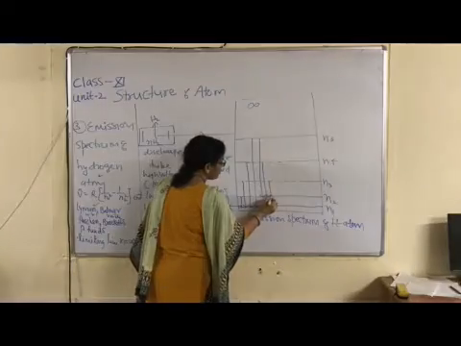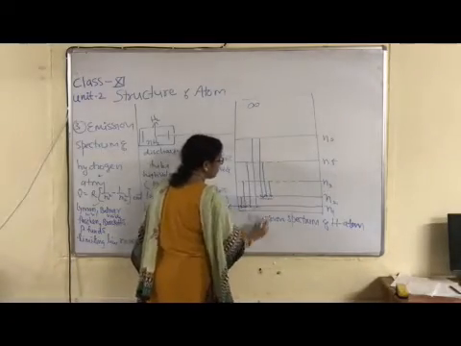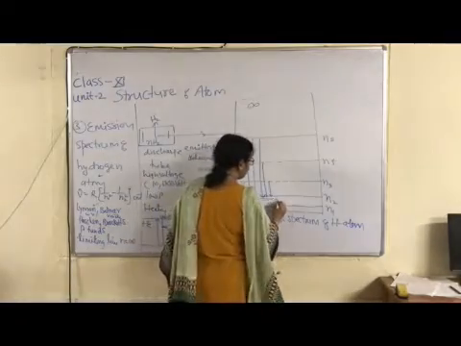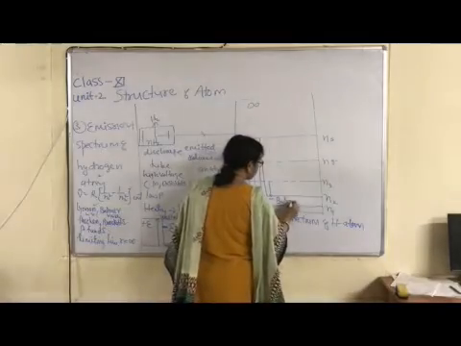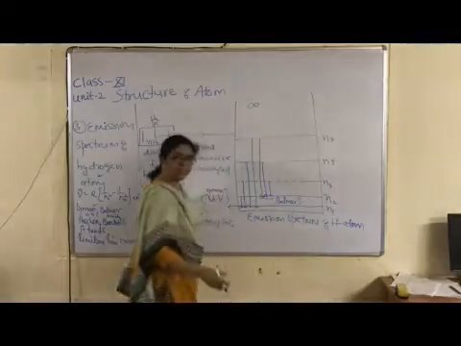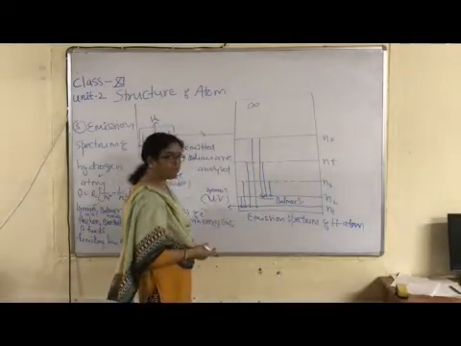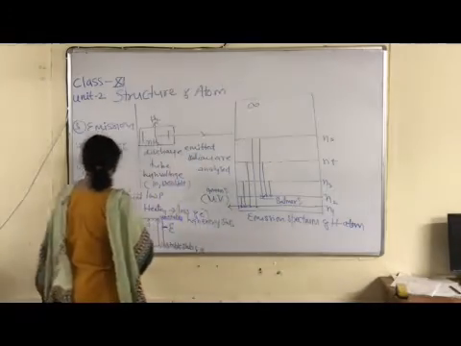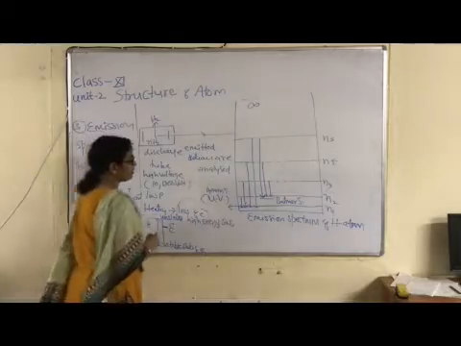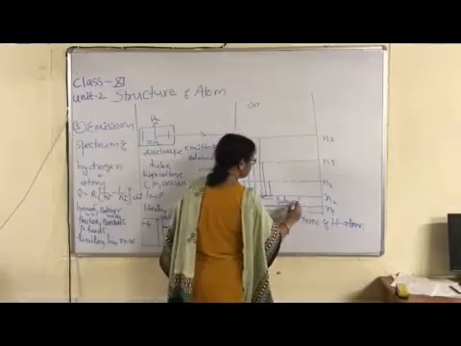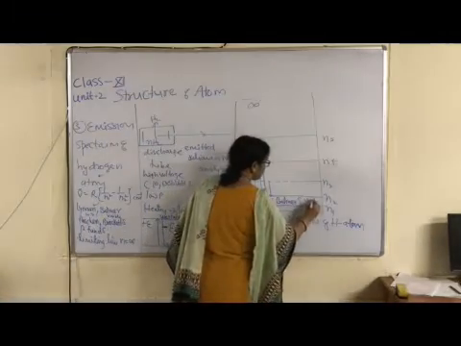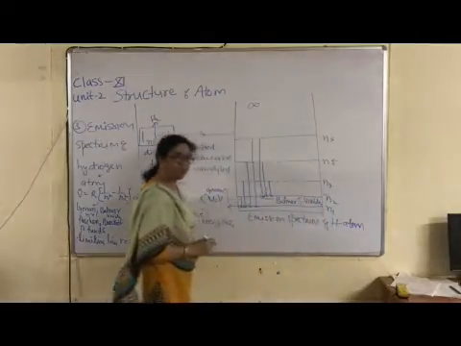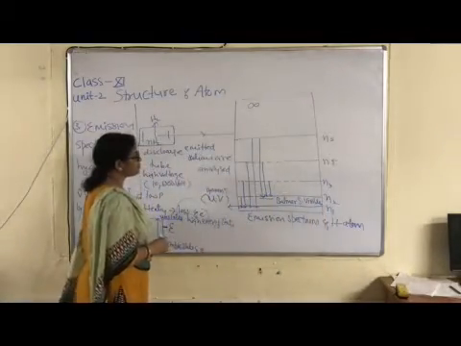This series of lines is known as the Balmer series. Right? And this series of lines is obtained in which part of the electromagnetic spectrum? The visible part of the electromagnetic spectrum.